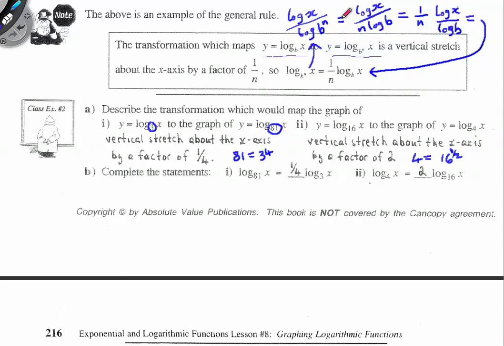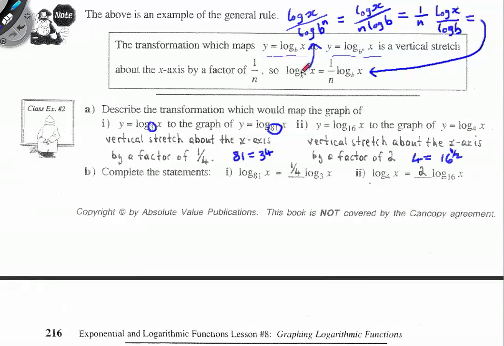Well, this can also be written, we can bring the n to the front, so we can write it as log x over n times log b, and so that will just separate the 1 over n here, so this is really 1 over n times log x over log b, and log x over log b can be written as log x base b, and we still have the 1 over n, the vertical stretch multiplier, here at the front.